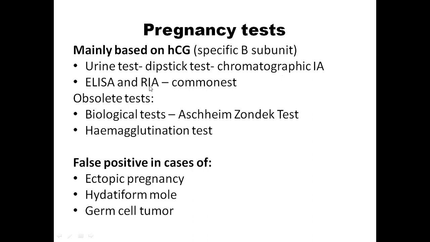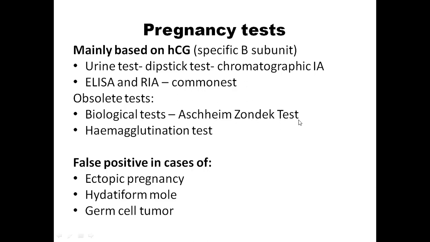Yes, and in the ELISA test, we see that mostly the monoclonal antibody against the HCG is being used, so that it is very specific for beta subunit and ensures there is no cross reaction with the LH component. Now, to name a few obsolete tests nowadays, one is the biological test like the Ascheim-Zondek test. There are several.